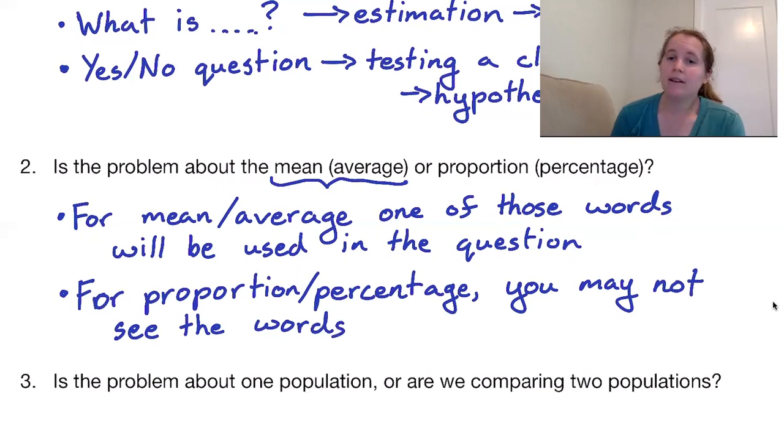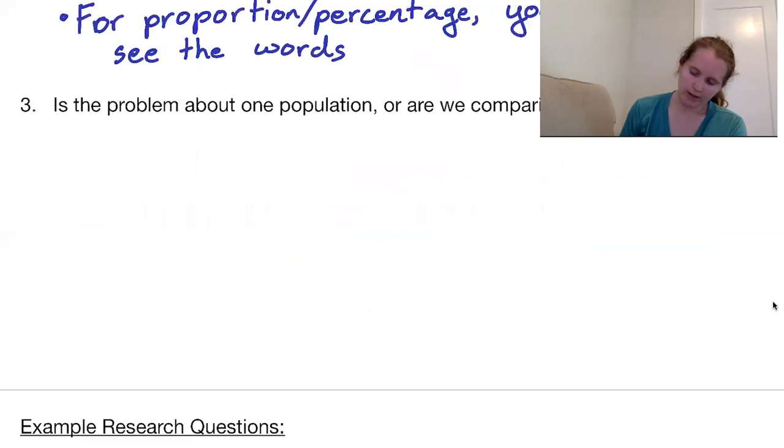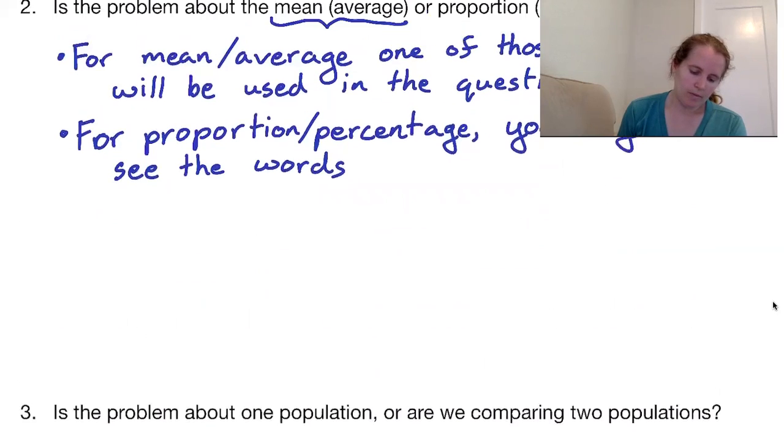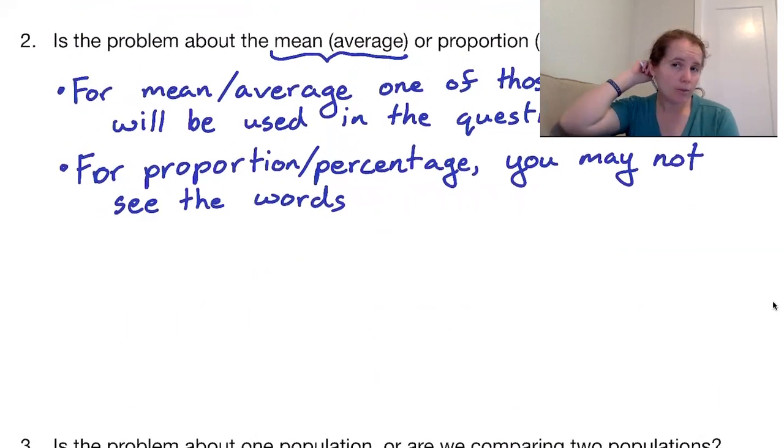So there's another key thing we can use here. Mean average problems you can only do if you have a quantitative variable. And proportion percentage problems we only do if we are working with a categorical variable.